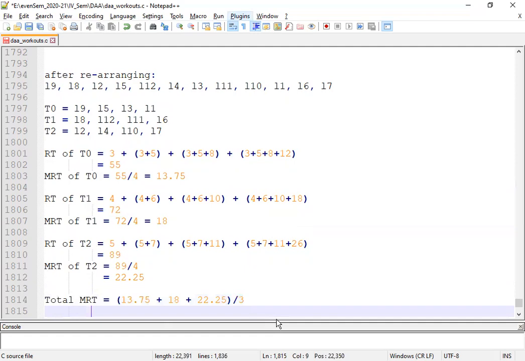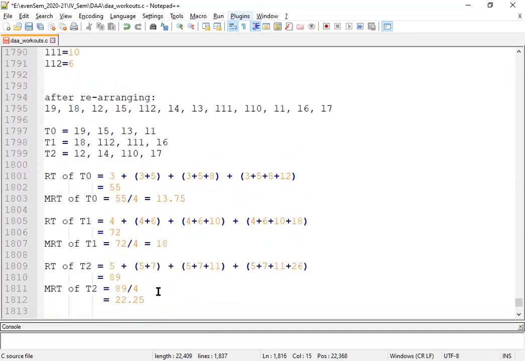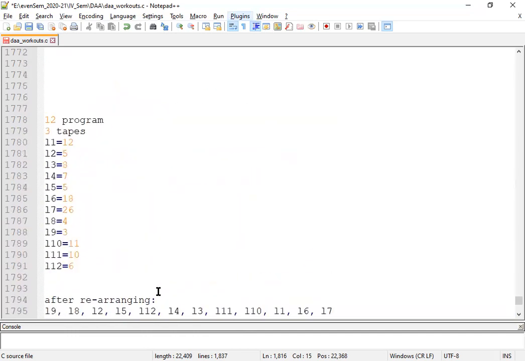If we add 22 plus 18, that is 40, 40 plus 13, 53, 53 plus 1, that is 54. 54 divided by 3, we get 18. So 18 is the mean retrieval time for this particular problem.